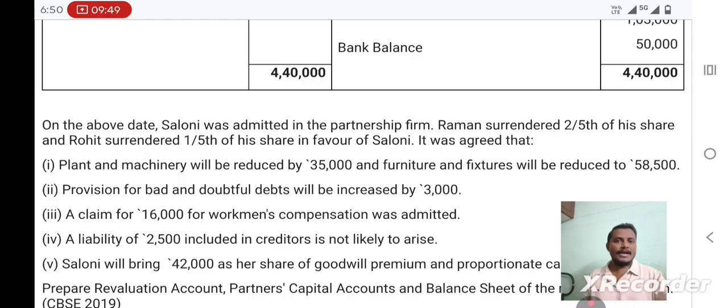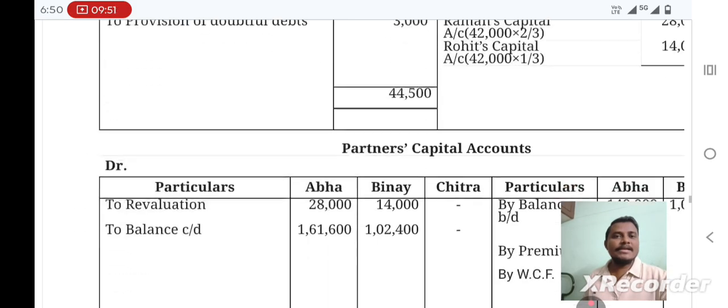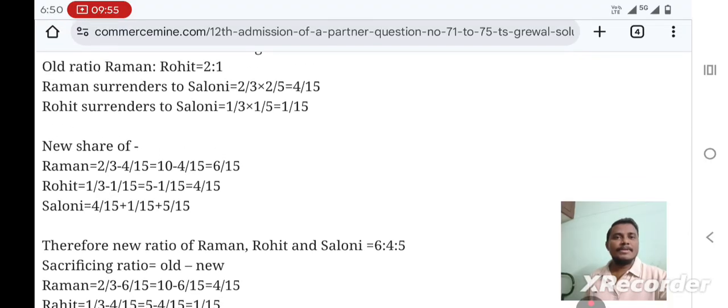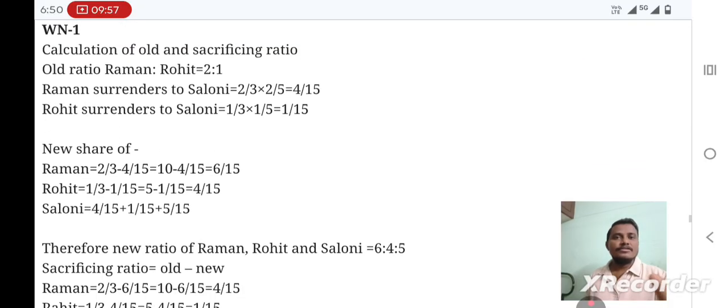I hope you understand. If you don't, I am showing you the calculation here. Please check this. They said in the question, you can also take your textbook, open this question and read it.